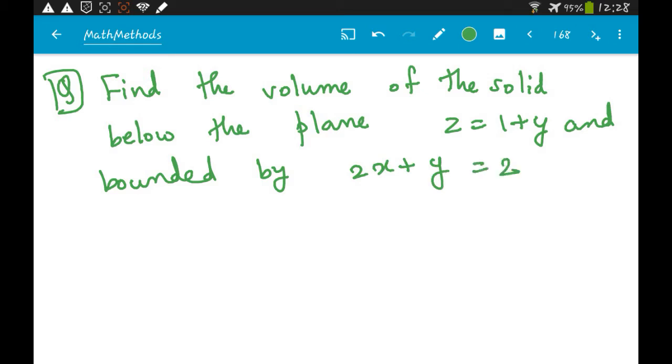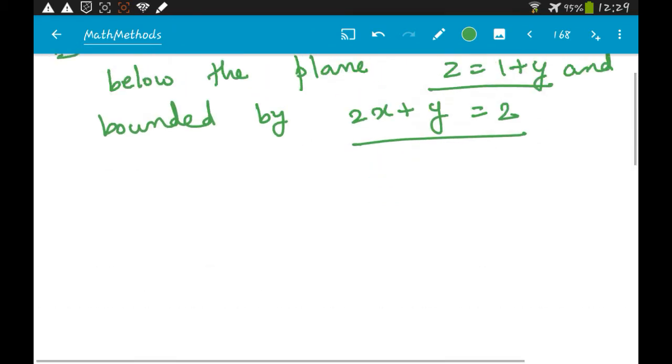Okay, so this is some kind of a solid where on the top it is bounded by this plane z equal to 1 plus y, and at the very bottom it is bounded by this particular line. Okay, so let's see what this solid is going to be like.